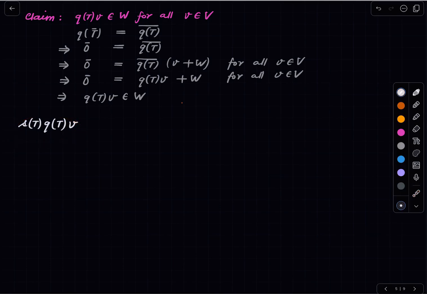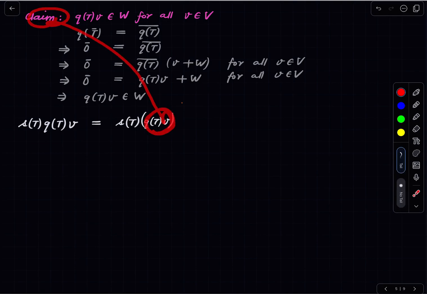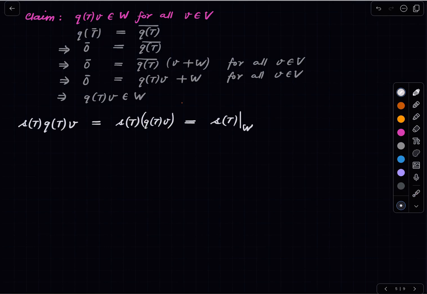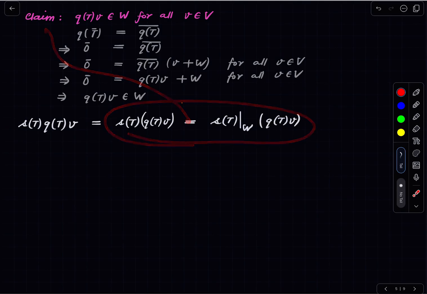This is equal to S(T)Q(T)v, but this thing is in W by the previous claim, and therefore this is equal to S(T) restricted to W of Q(T)v. So note that we have used our claim here when writing this equation.